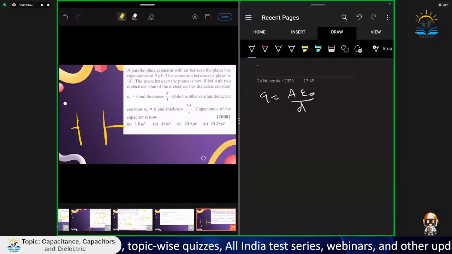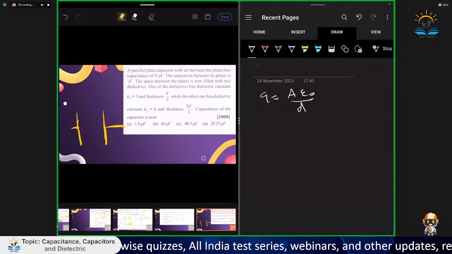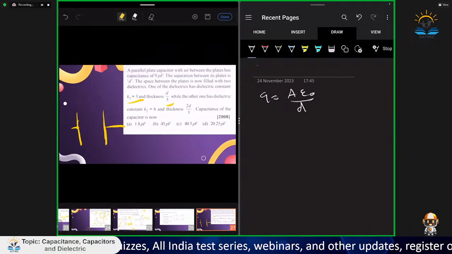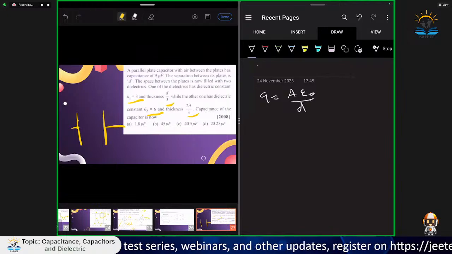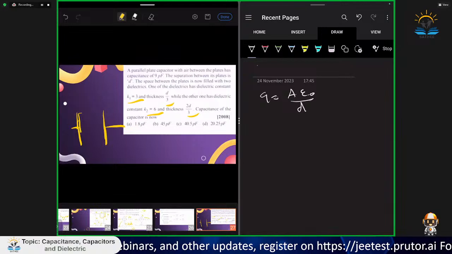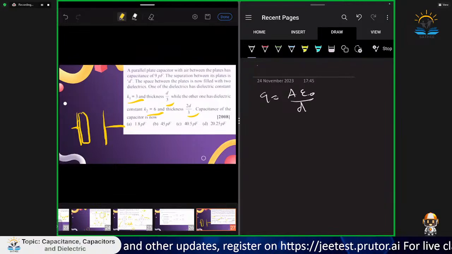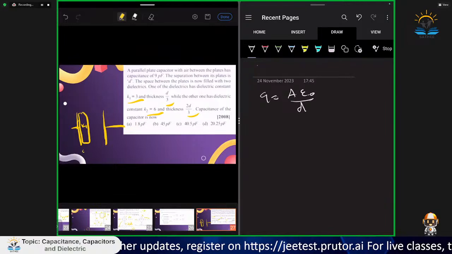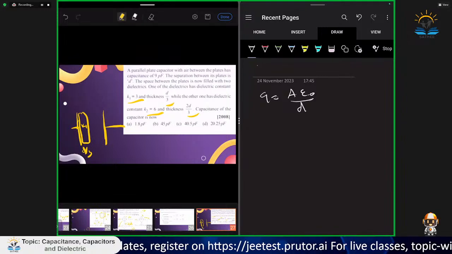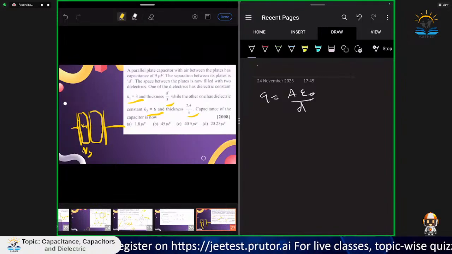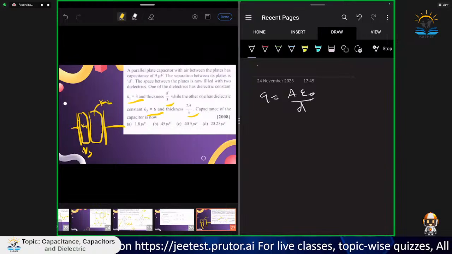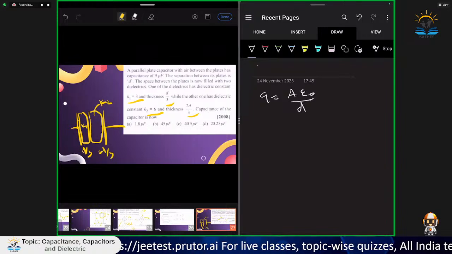One of the dielectrics has dielectric constant K1 and thickness D by 3, while the other one has dielectric constant K2 and thickness 2D by 3. Find the capacitance of the capacitor now. Simply see, first dielectric having K1 and thickness D by 3. Here K2, thickness 2D by 3.